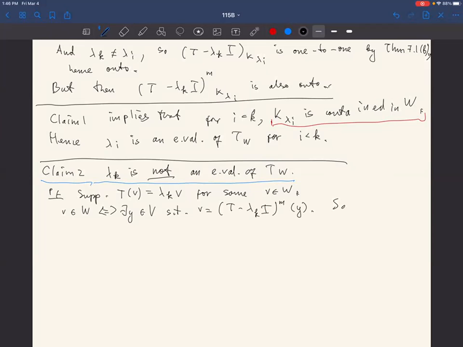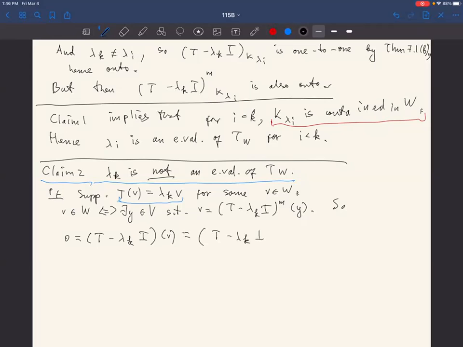So we have that 0 is equal to (T minus lambda k I) applied to V, because this is how V was chosen. So this is equal to 0, and this also holds for the power.